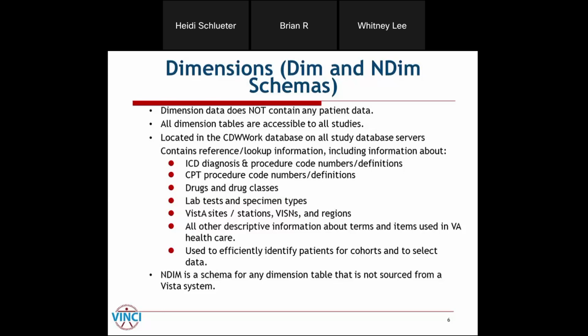I'll show that a little bit when we get to identifying phenotypes and patient cohorts. And the NDIM specifically is the schema used where the dimension table is not actually sourced from a Vista system. So that's the difference between the DIM and the NDIM.